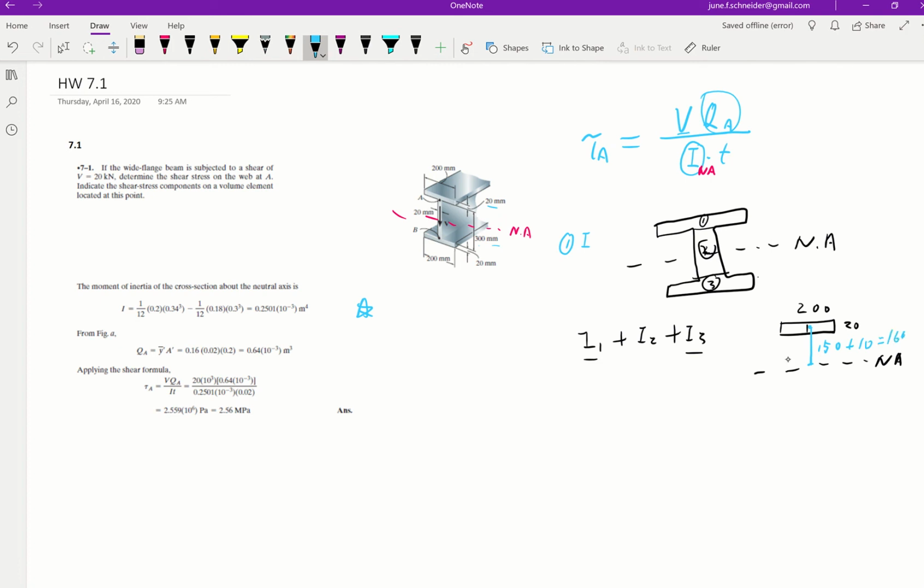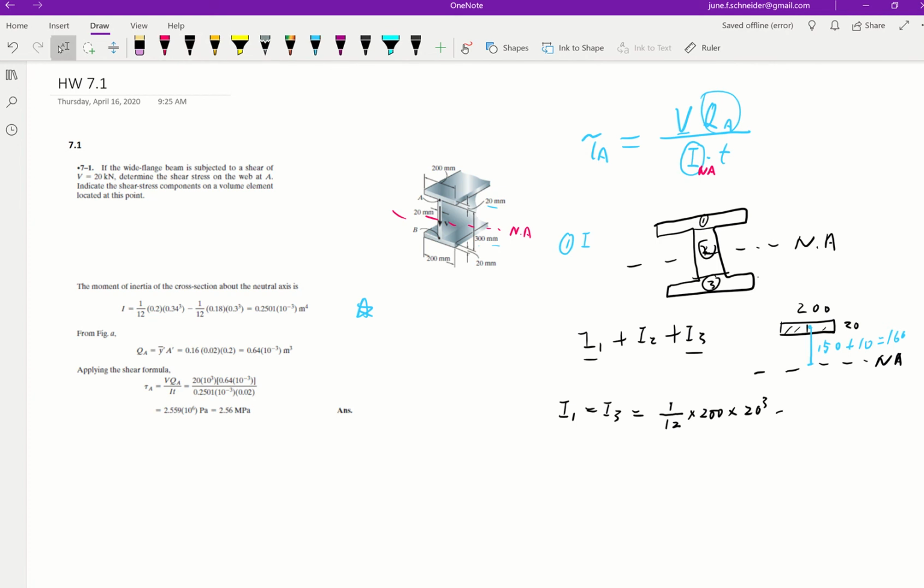Okay, so that's going to be the distance. Again, if we were trying to find this I1, we know I1 is going to be equal to I3 since they're symmetric. That's going to be using the parallel axis theorem. The parallel axis theorem is going to be I of this shape itself regarding its own centroid, which is 1/12 times 200 times 20 cubed, right?